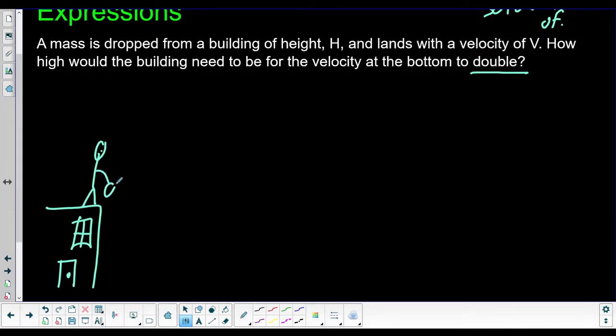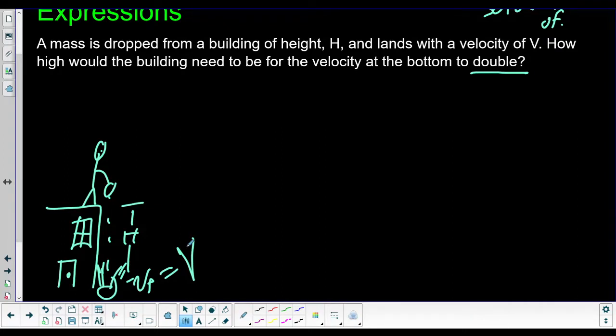We're going to drop a ball off, and this ball is going to fall down and hit the ground, and it's going to have some final velocity, capital V. The height of this building is capital H. So when I drop it from a height h, it's going a speed v. We want to know, what height building do I need to drop it off of to go twice as fast? Okay, that's a fair question.